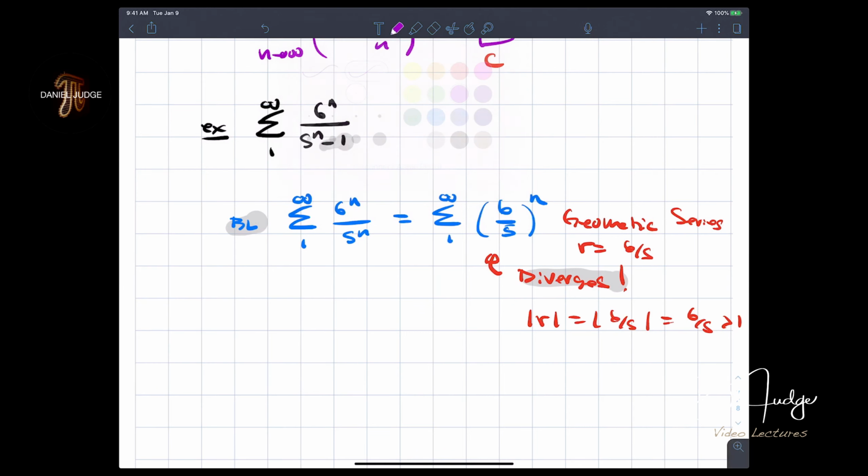Now, to answer the question, here's the a_n, that's the question. Here's the b_n. We're going to use the limit comparison test.